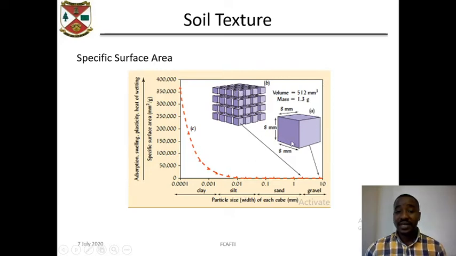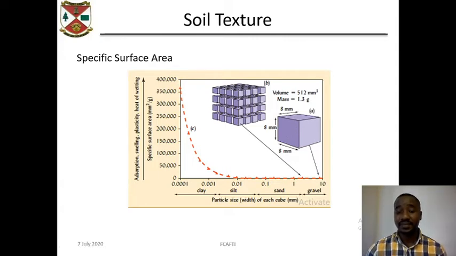So again, if you look at this tube, if you cut this tube into smaller pieces, you will get something like this, and because you have divided this tube into smaller segments, the specific surface area of this is larger than this tube.